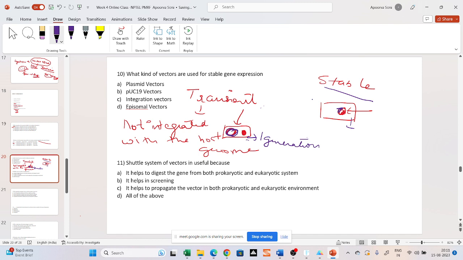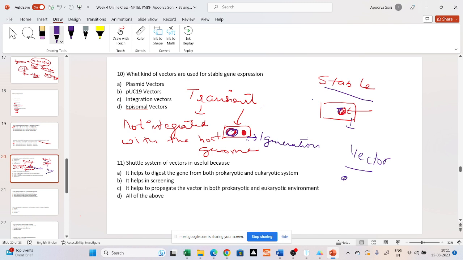Is it clear, or does anybody have any problem? Ma'am, why can't it be plasmid in this case? See, plasmid is just a vector, a carrying molecule which is carrying your DNA.